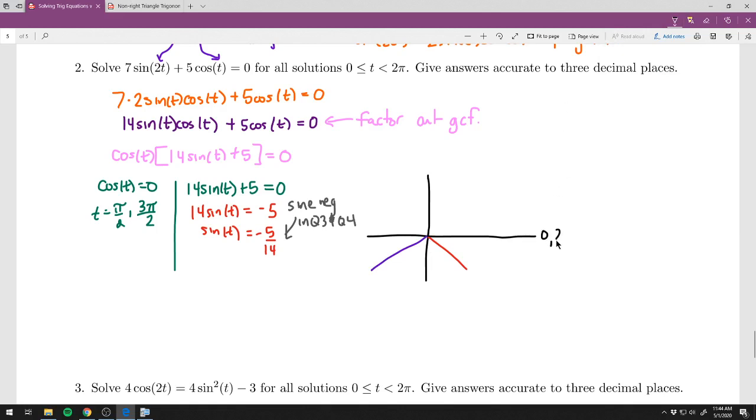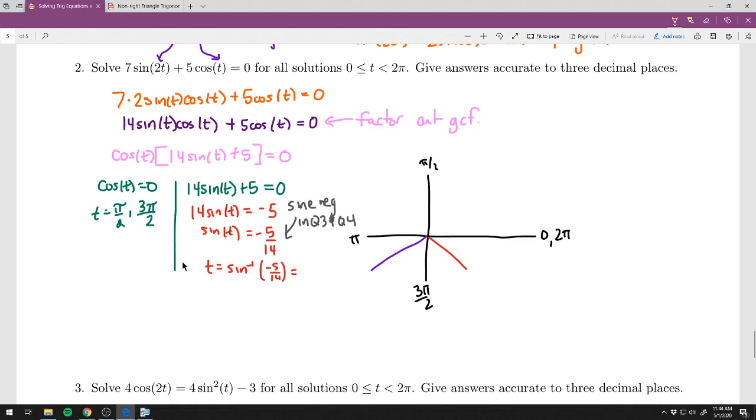Let me just label in the angles here on the axes. But we know how to begin, once again, getting the first one. We've done this a lot as well. We do the sine inverse of each side. We get t equals sine inverse of negative 5 over 14.